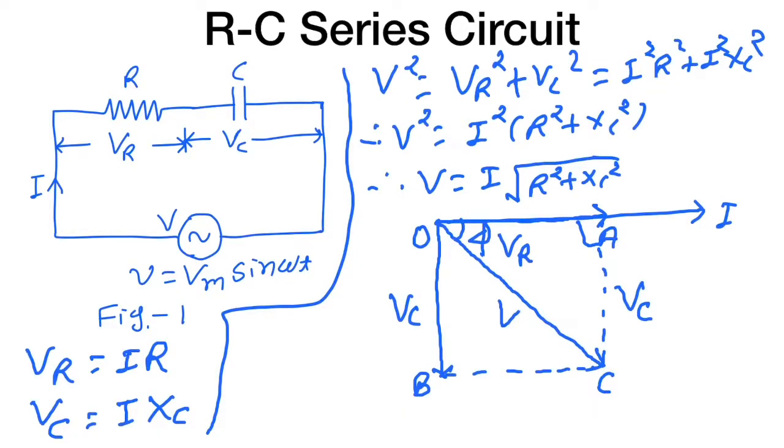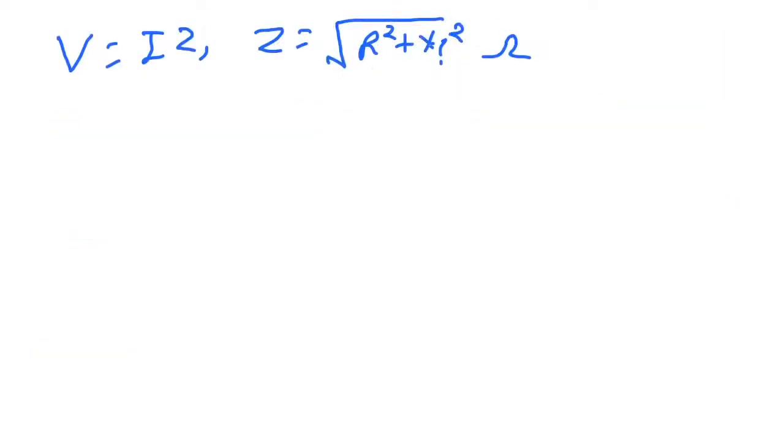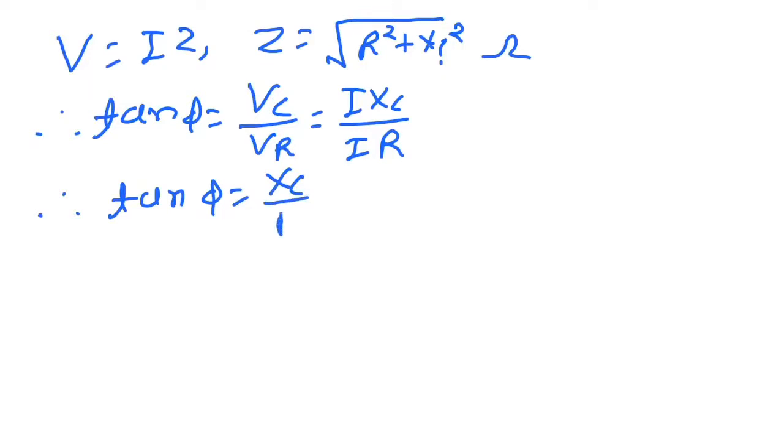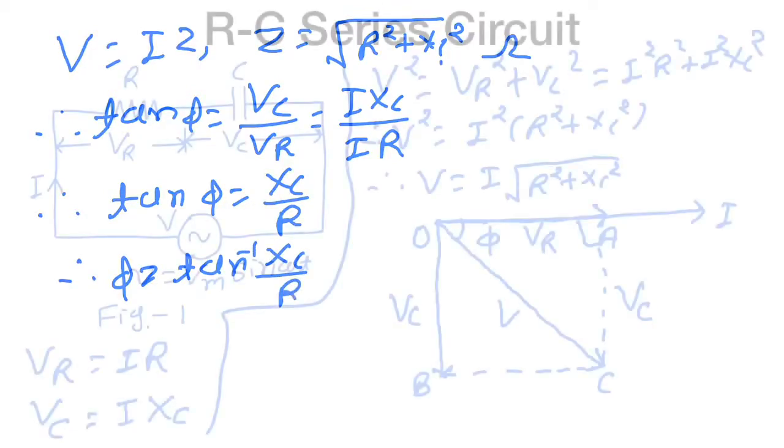Therefore, tan phi is equal to AC divided by OA, which is equal to Vc divided by VR, which is equal to IXc divided by IR. Therefore, tan phi is equal to Xc divided by R. Therefore, phi is equal to tan inverse of Xc divided by R.